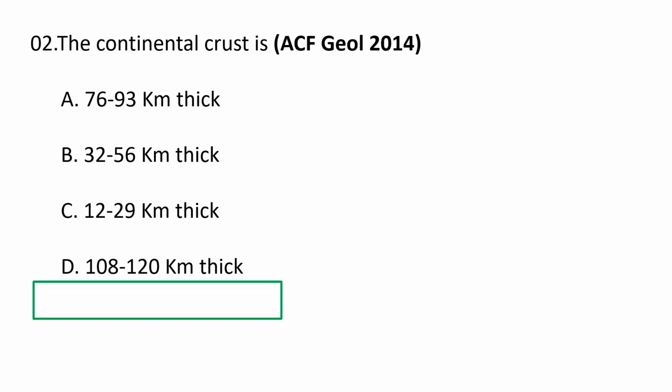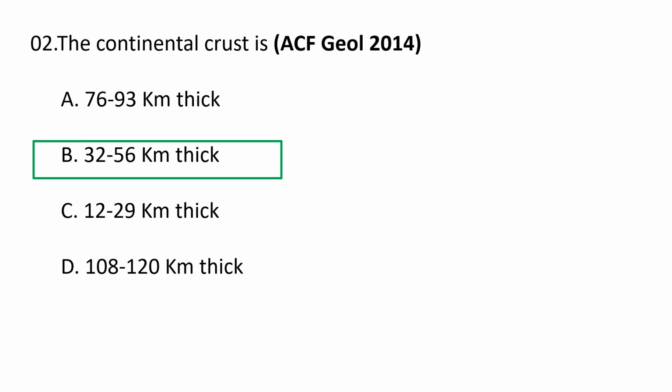So the continental crust is about 32 to 56 kilometers thick. This is considerably thicker than the oceanic crust, which has an average thickness of about 7 to 10 kilometers. The oceanic crust is a little bit thinner, about 7 to 13 kilometers, and approximately 41% of the Earth's surface area and about 70% of the volume of the Earth's crust are continental crust. So the thickness of the continental crust is around 32 to 56 kilometers.